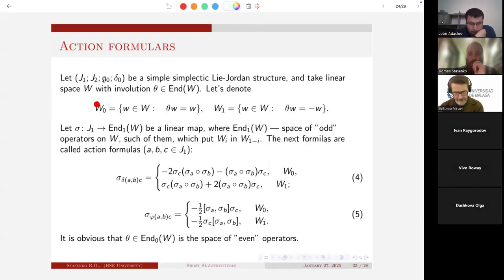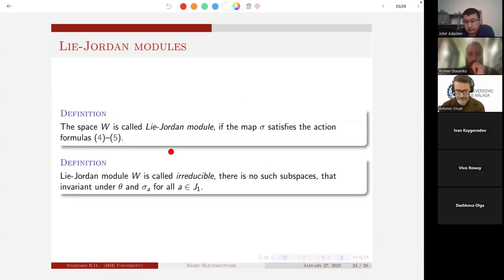We need the subspace W and the map from J1 to endomorphism of W with special restrictions. As you can see, we need to call them action formulas.